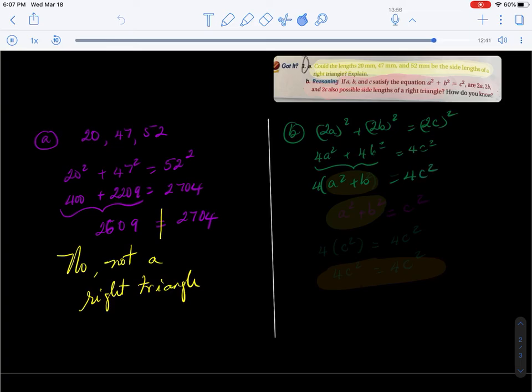In order for it to know if it's satisfied, I have to bring back this equation, this theorem. Okay, I know C squared is the same thing as A squared plus B squared.